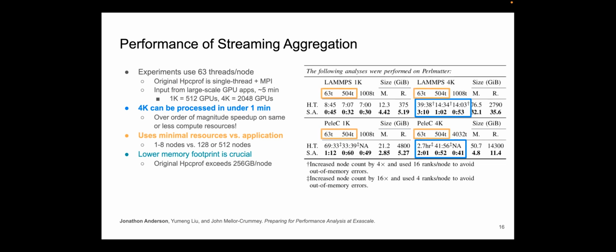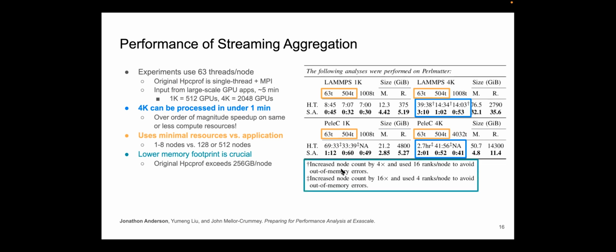So the other thing is that we're using a lot fewer resources than the application uses. I mentioned that we're running it on 2,000 MPI ranks, and we're just analyzing the performance data on 1 to 8 nodes. Using 8 nodes, we can analyze the data in a minute. Using 16 nodes, it doesn't get much faster. It's 53 seconds. Another thing that was important with the streaming aggregation approach using many threads is that we lowered the memory footprint.